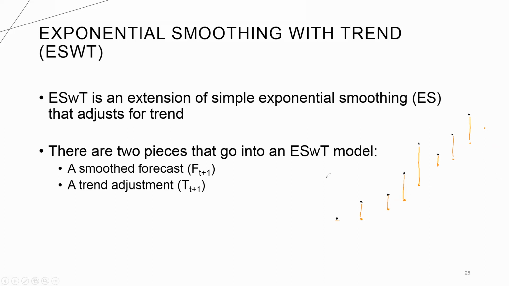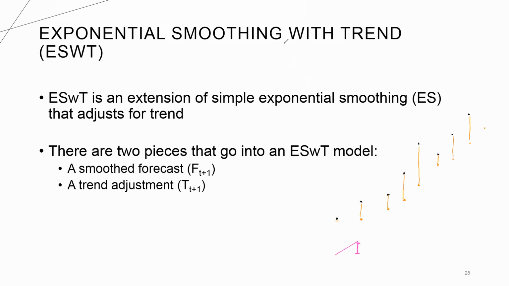So what we're going to do is a trend adjustment. If we have this idea that the trend has a certain slope, maybe a slope that looks like this, then we're going to have this trend adjustment of this much, and we're going to add that to each one of our forecasts.